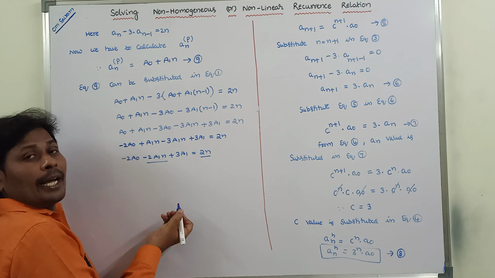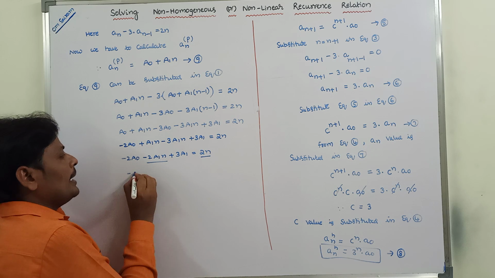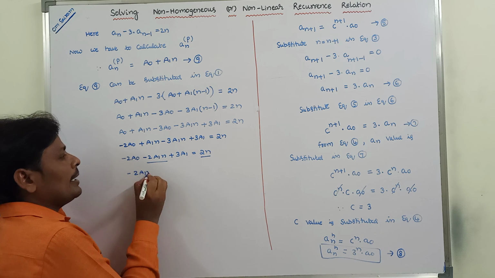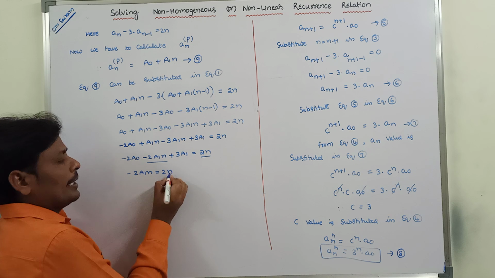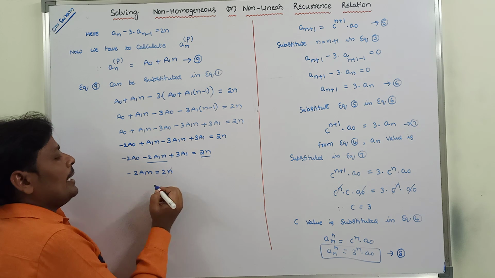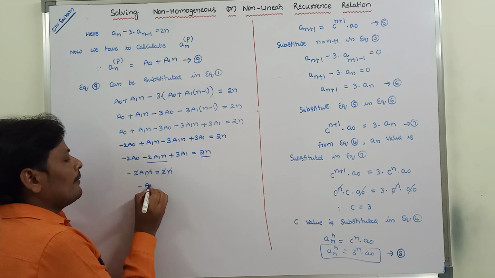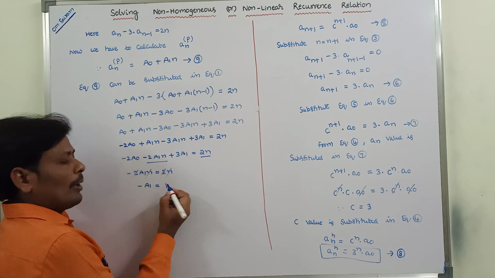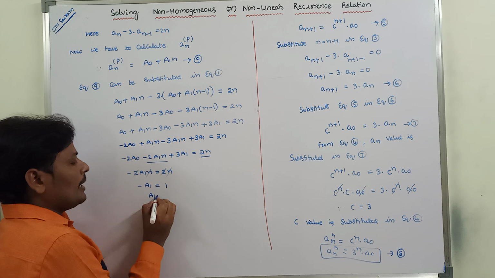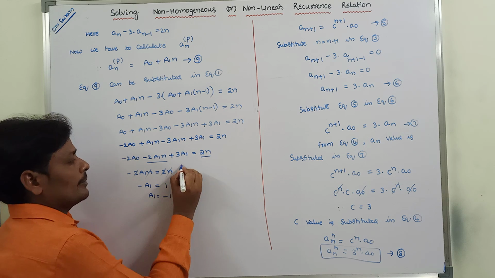We have to equate the nth term only. Minus 2a1n is equal to 2n. Okay, so n cancels, 2 cancels, minus a1 is equal to 1. So therefore a1 is equal to minus 1.